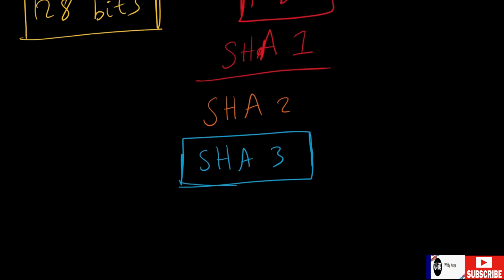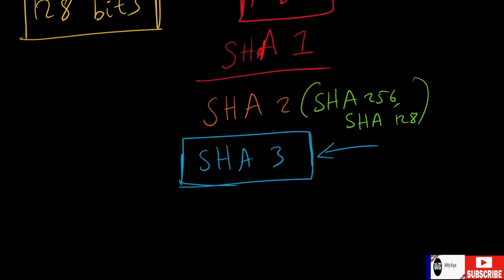And that was just published in 2015. And what you'll see a lot of the time is hashing algorithms like SHA-256, SHA-128, and this is essentially the number of bits that the actual algorithm pumps out.